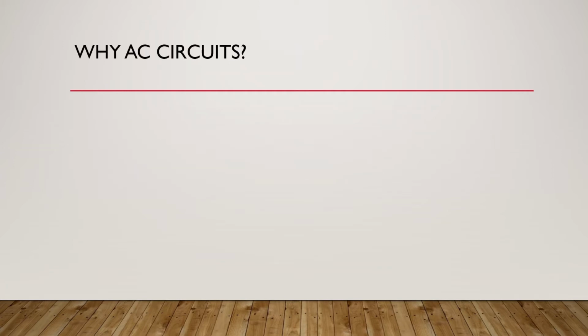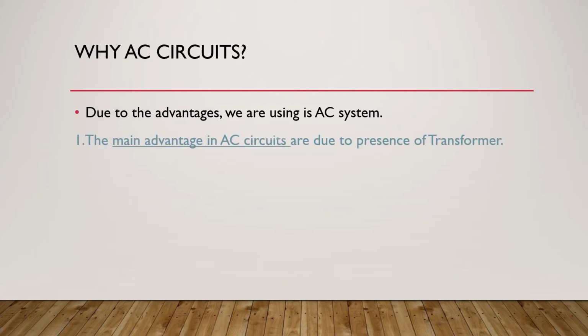Then, why AC circuits? Before discussing AC circuits, let us look at the disadvantages of DC that we have seen. You cannot step the voltage up or down, that is, increasing the voltage is not possible. That is one of the main advantages of using AC circuits, due to the presence of the transformer.